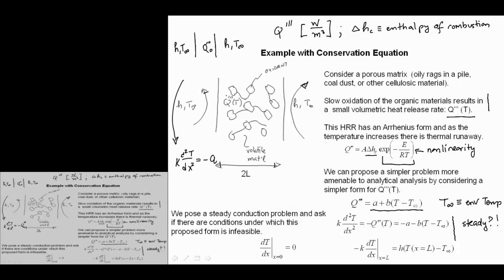You get a parabolic distribution. And the wall temperature has to be high enough such that globally, when you integrate the amount of generation inside there, it equals the amount of heat losses out of the system.